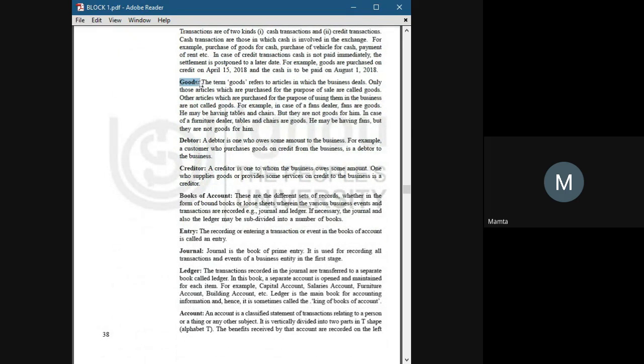Coming to the point, goods. Goods refers to the article in which the business deals. For a fan dealer, fans are goods. Suppose you are dealing in computers.